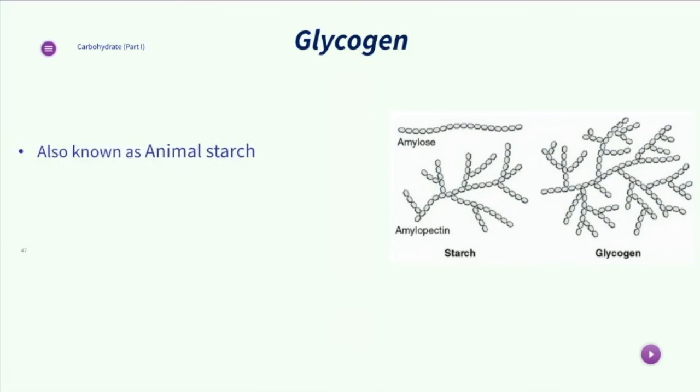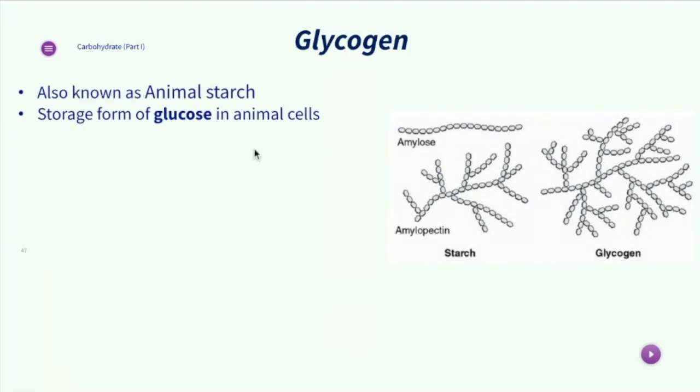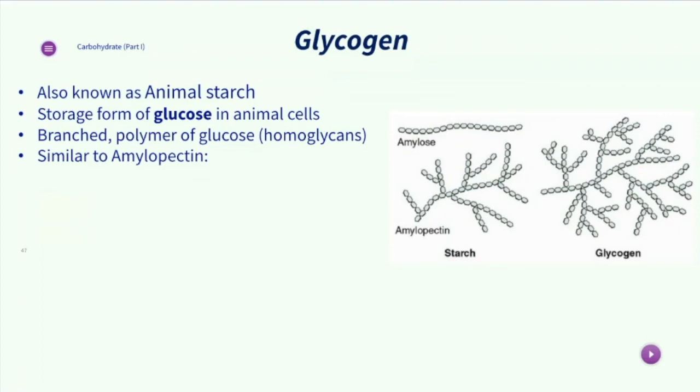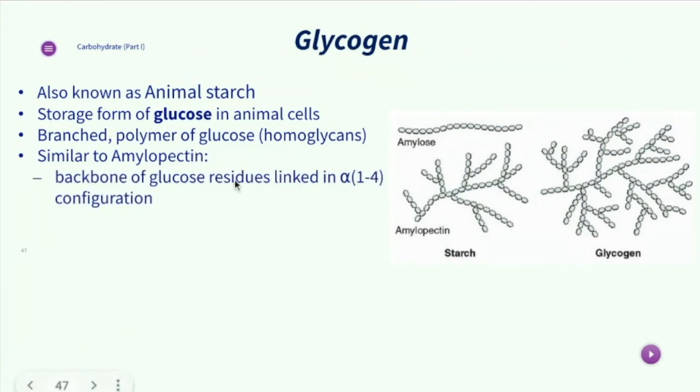Next is glycogen, also known as animal starch. It is a storage form of glucose in animal cells. It is a branched polymer of glucose, which also belongs to the homoglycan class. It is similar to amylopectin. The backbone of glucose is linked at alpha 1,4, same as amylopectin.